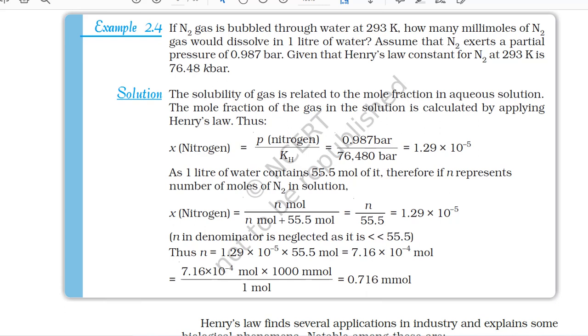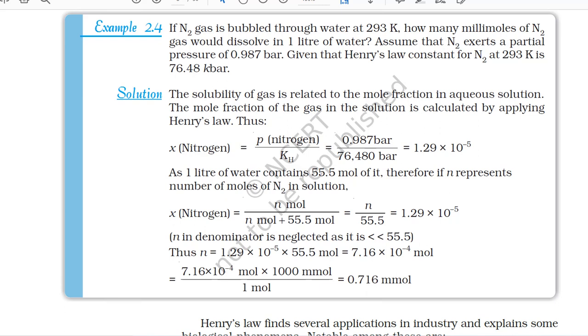As 1 liter of water contains 55.5 mole of it, therefore, if n represents number of moles of N2 in solution, mole fraction of nitrogen = n mole/(n mole + 55.5 mole) = n/55.5 = 1.29 x 10^-5 (n in denominator is neglected as it is very less than 55.5).